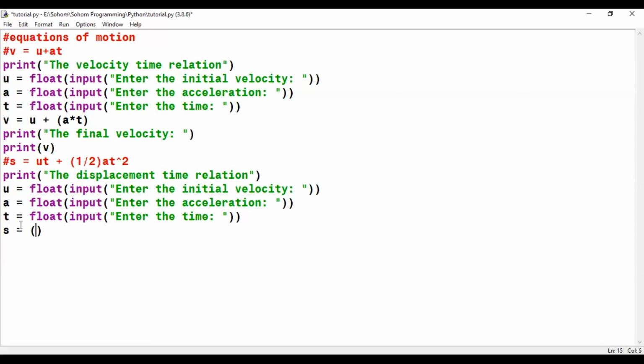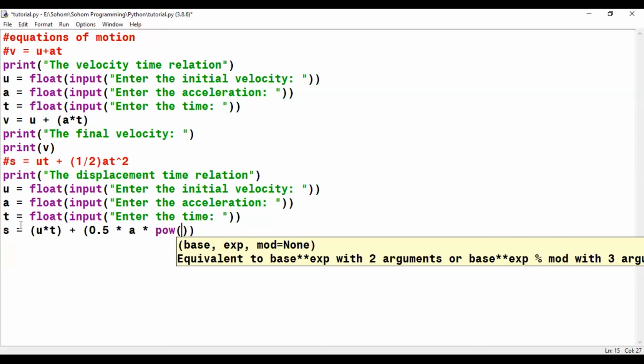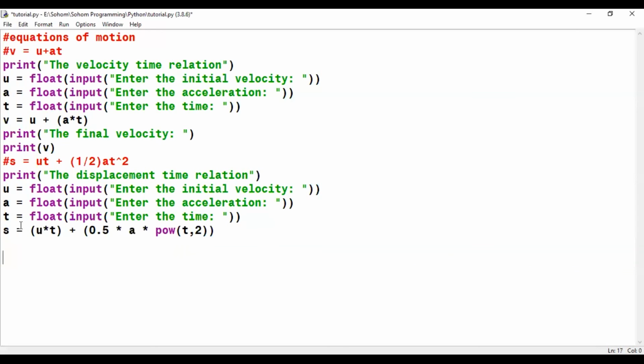S is equal to, we have to put the multiplication sign, u into t, plus I can write half as 0.5, 0.5 into a into pow, power of t comma 2. It will compute t square.